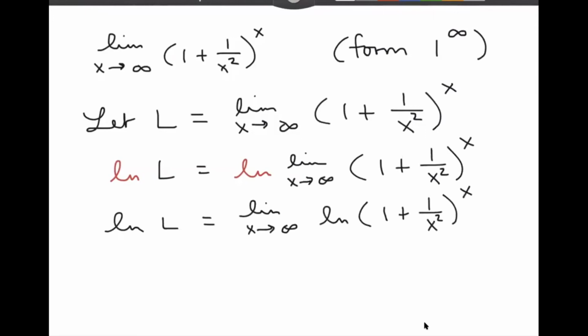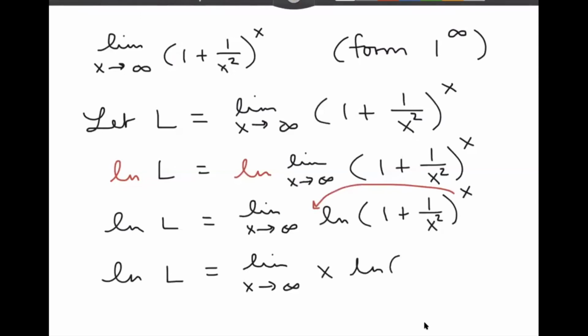Using my favorite property of natural logs, we can take that x and bring it down, and we have natural log of L is equal to the limit as x approaches infinity of x times natural log of 1 plus 1 over x squared.